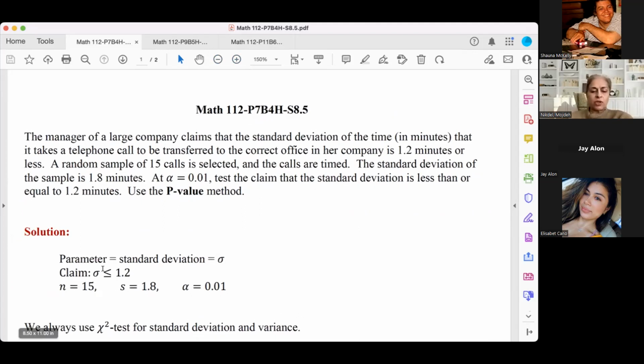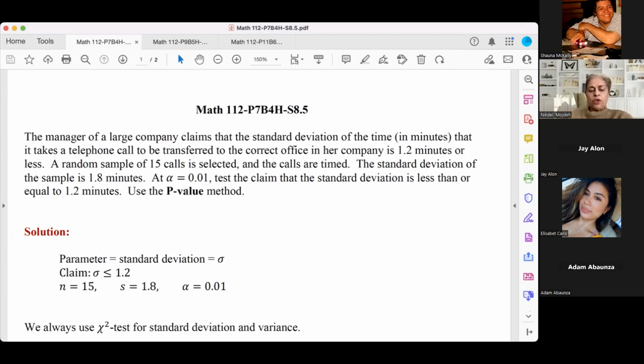Your n is 12. The standard deviation of the sample, s, is 1.8. Alpha is 0.01. We're going to use the p-value method.